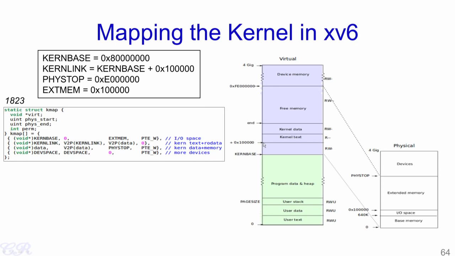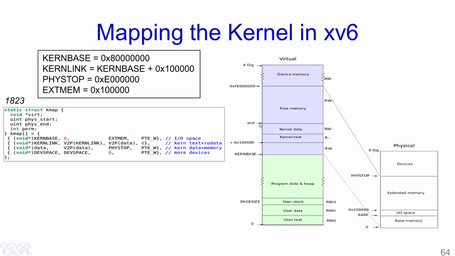Starting at the kern link, there is the kernel text, that is the kernel code, and after the kernel code is done, the locations comprise the kernel data, that is the global data present in the xv6 operating system. The end of the kernel code and data is specified by this symbol end.